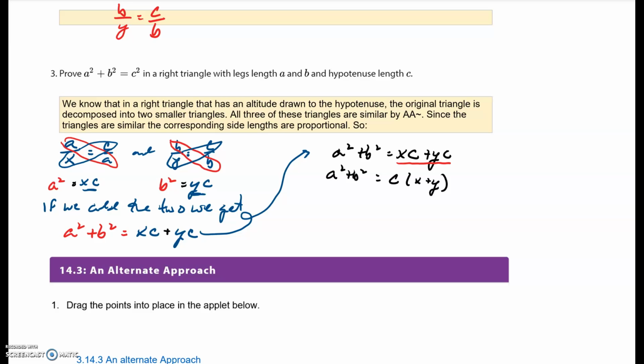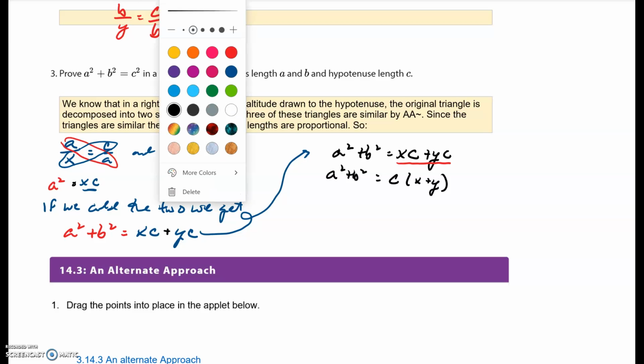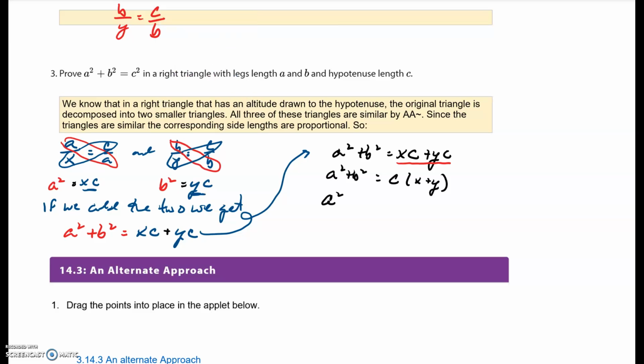Okay, notice how I just undistributed that factor of c. So now I have a squared plus b squared is equal to c times, well, I wonder what this x plus y will equal.